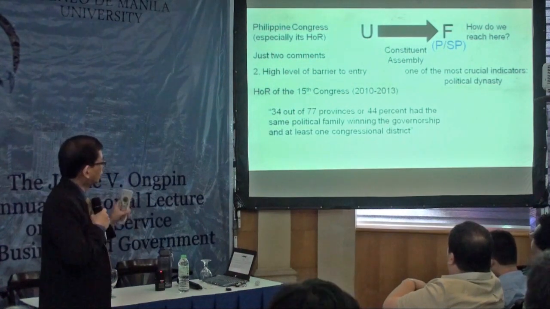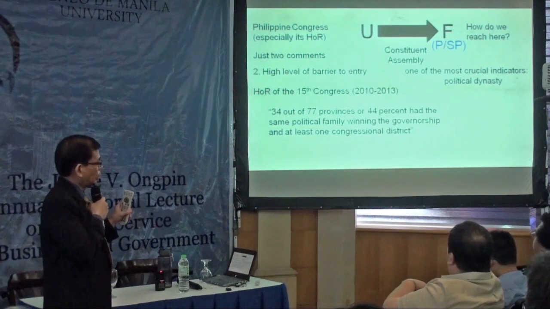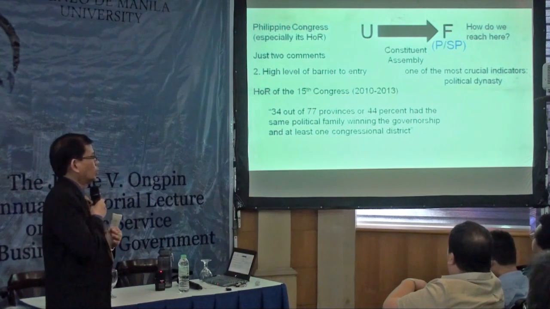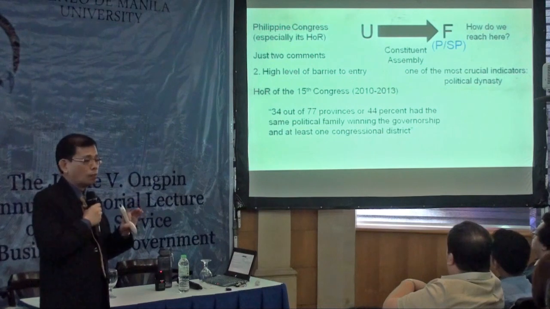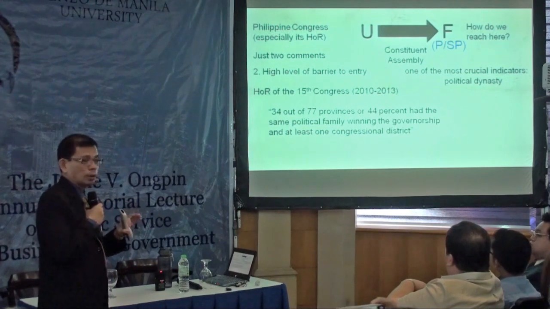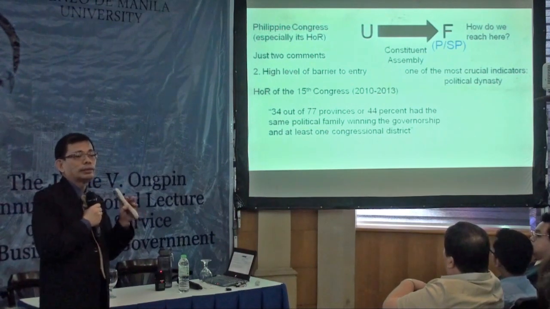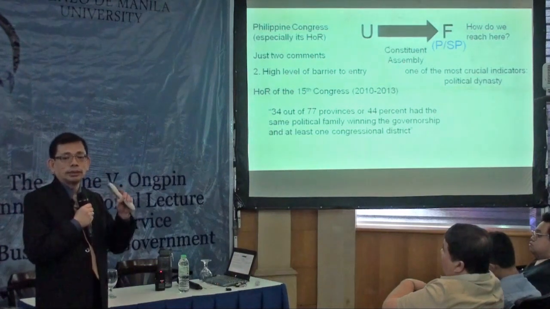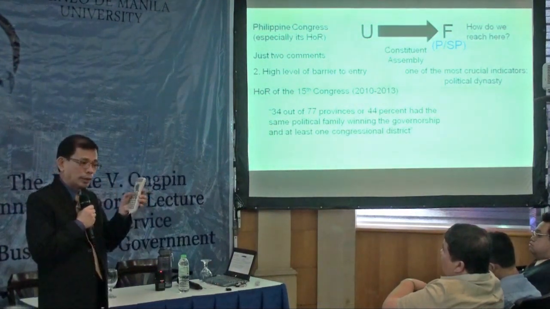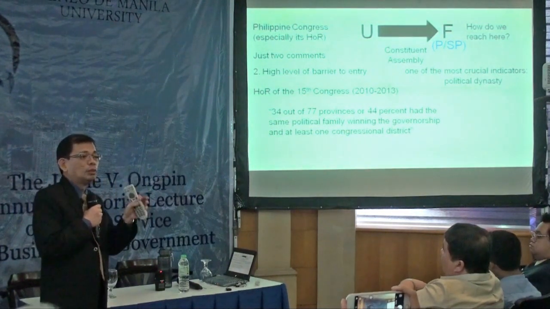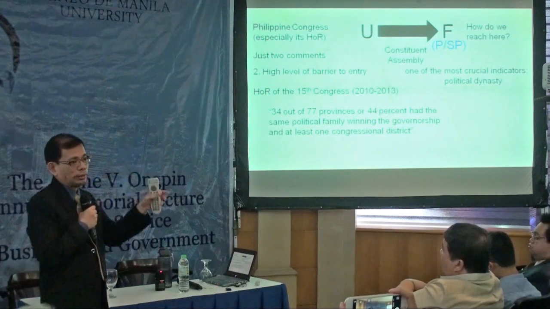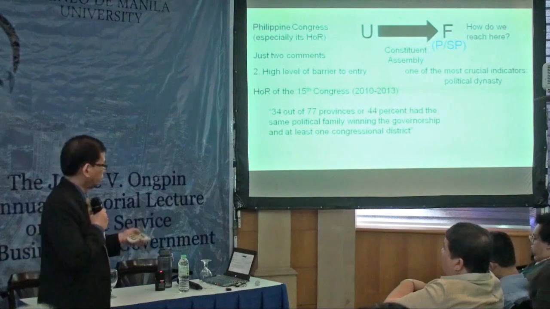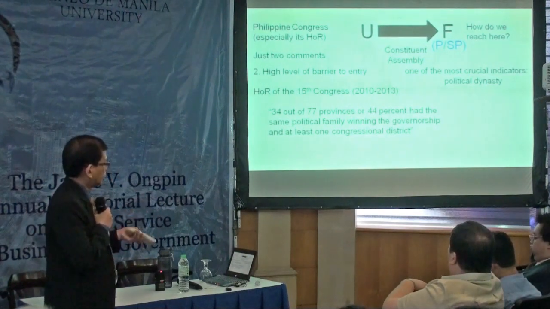According to their study, 34 out of 77 provinces, or almost half, had the same political family winning the governorship and at least one congressional district. It's about intensity of power, because it identifies a governor actually controlling the province with one congressional district occupied by a relative.